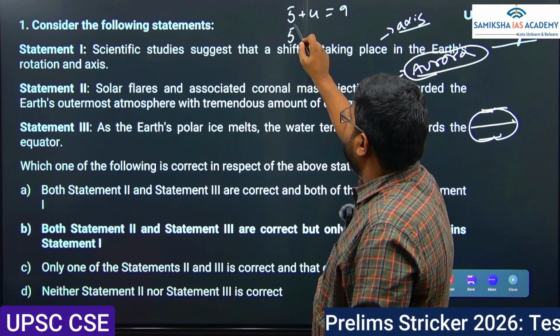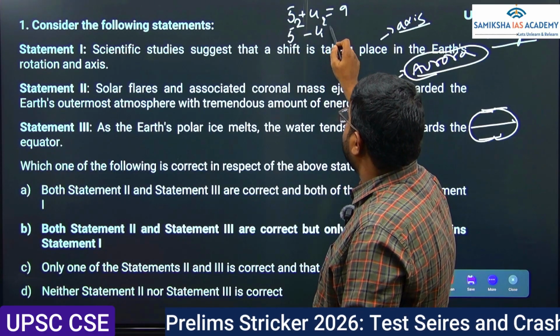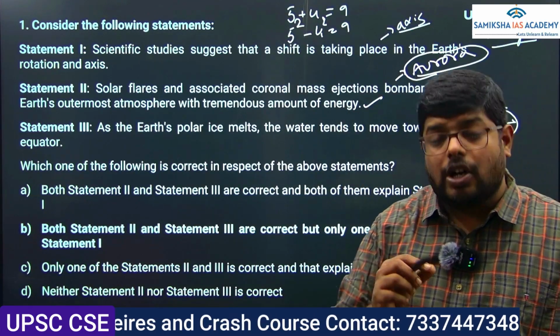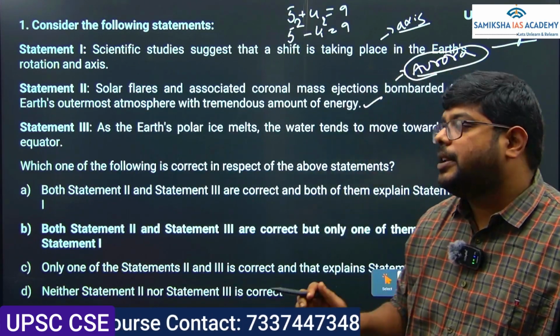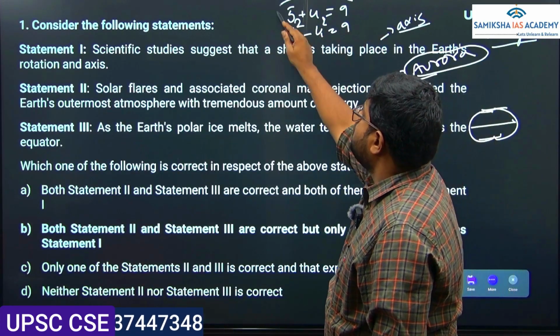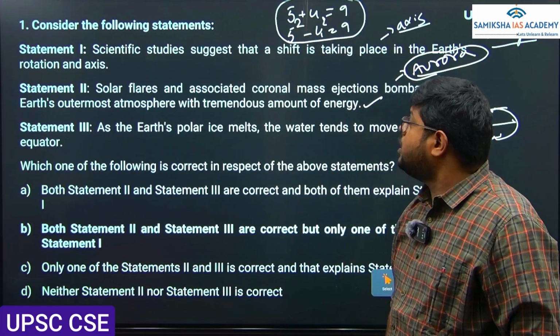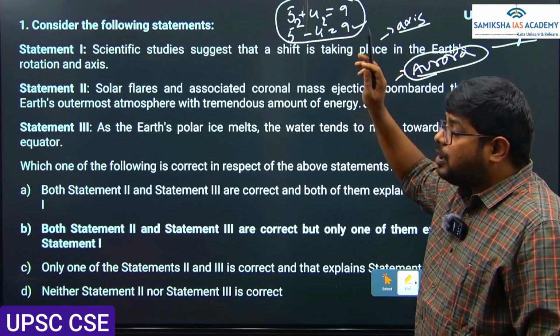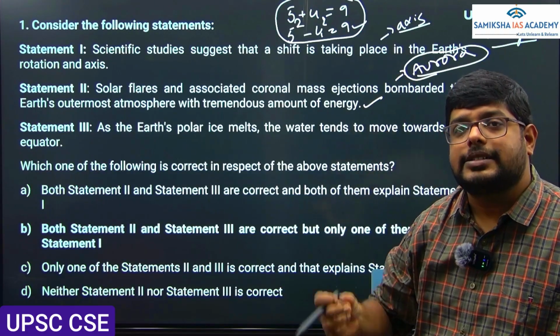Clear? 5 squared minus 4 squared is also 9. The way the question is asked is changing the concept. This is what UPSC is. The subject is the same, but how they ask the question is different.